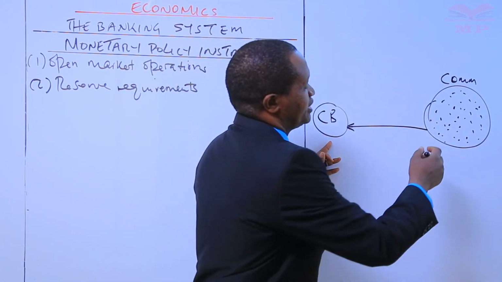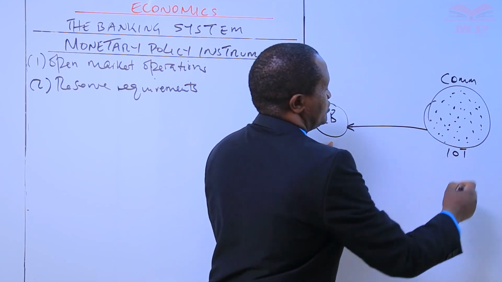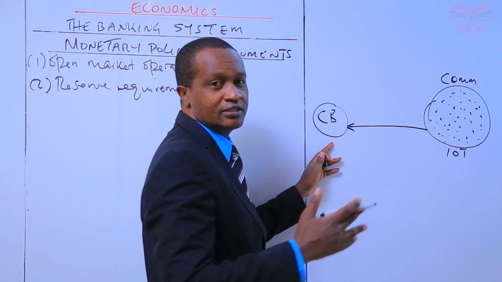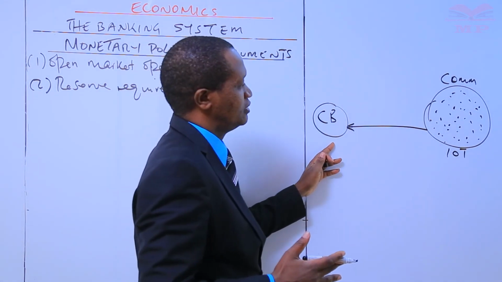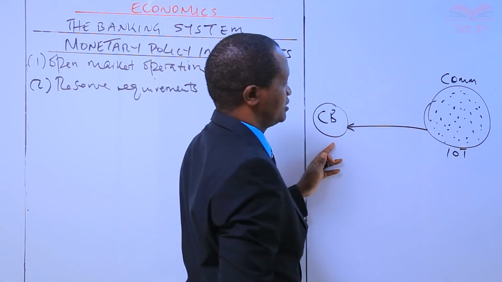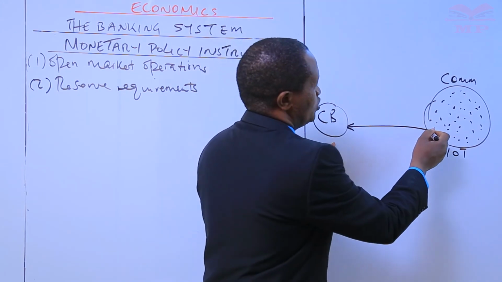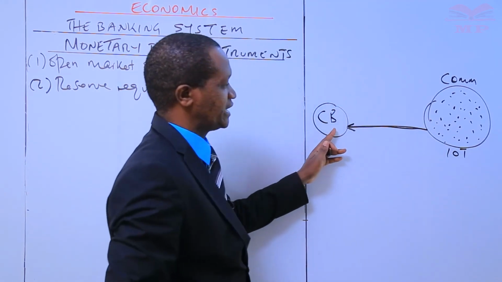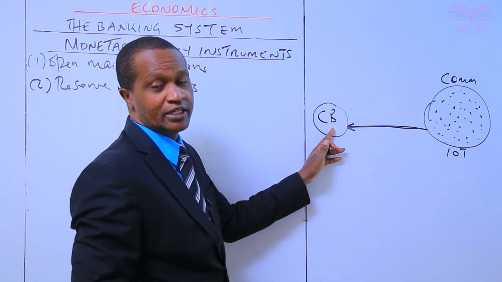So that if there is, say, 10 trillion, the central bank can request the commercial banks to have some of this money held as reserves at the central bank.